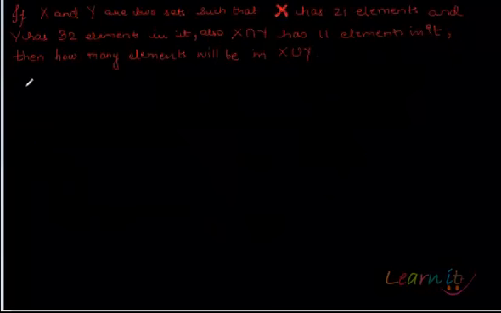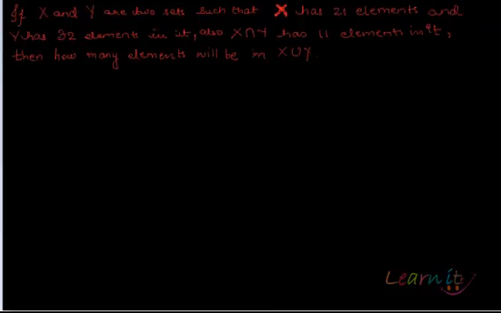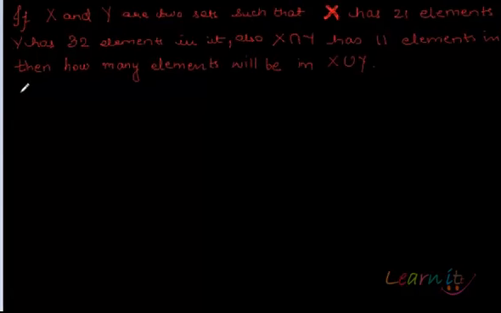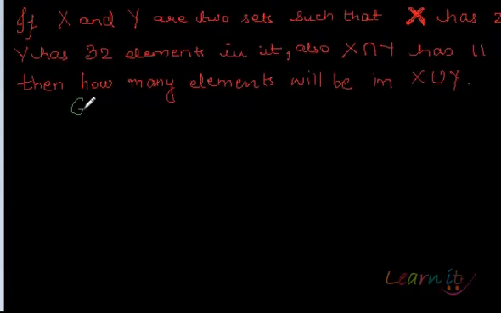Okay, let's look at the following question. The question gives us two sets X and Y. X has 21 elements in it and Y has 32 elements. Also, we are given that the intersection of the two sets has 11 elements. What we need to find out is how many elements the union of the two sets will have. So what is given to us?